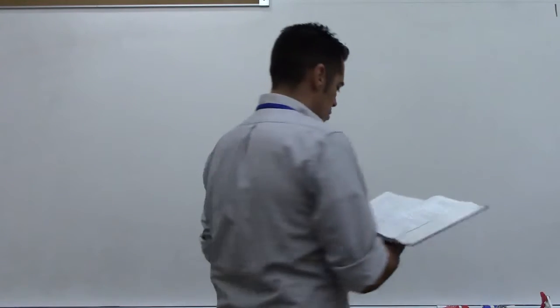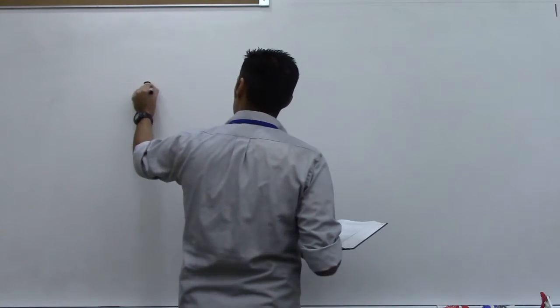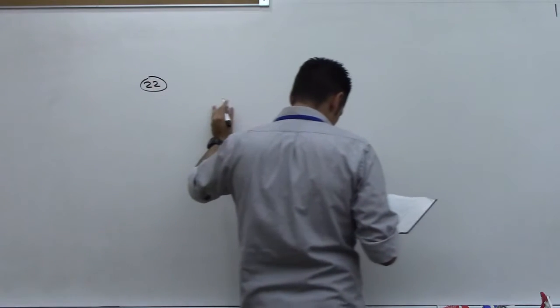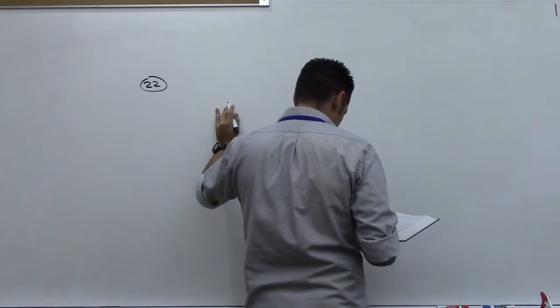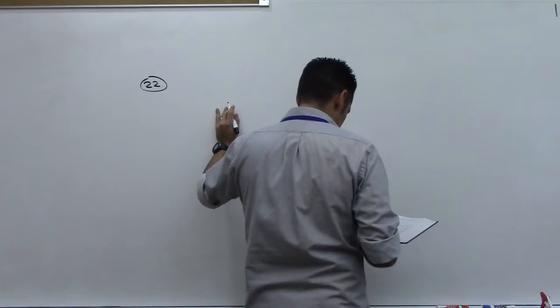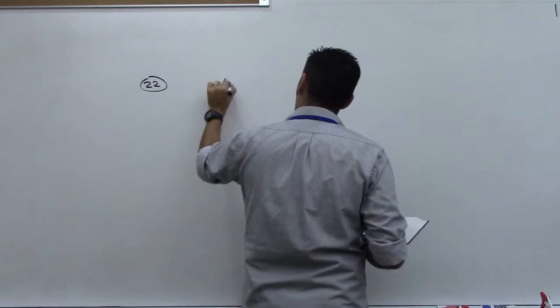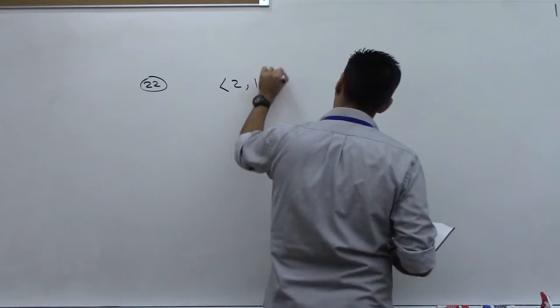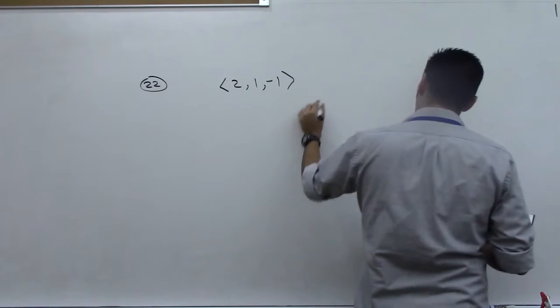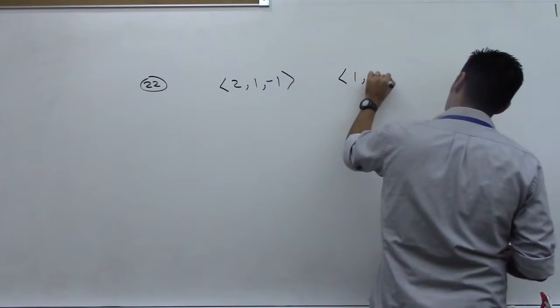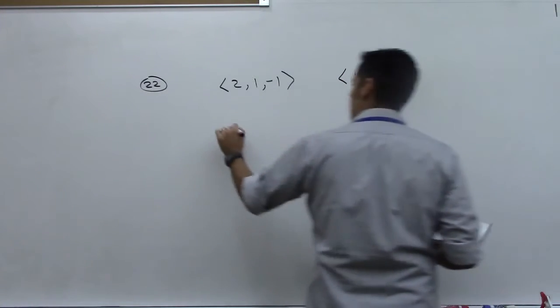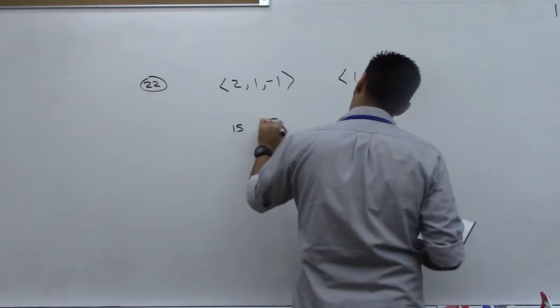All right, so let's look at 22. 22 is a little more involved. So it says, find the values of x such that the angle between these vectors, 2, 1, -1, and the vector 1, x, 0 is 45 degrees.